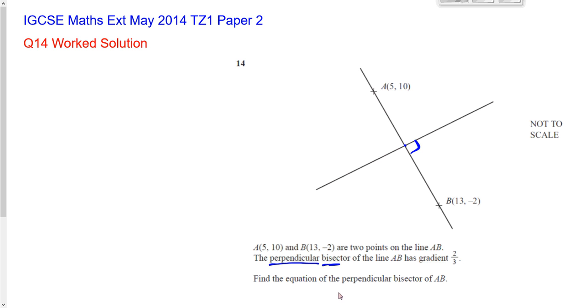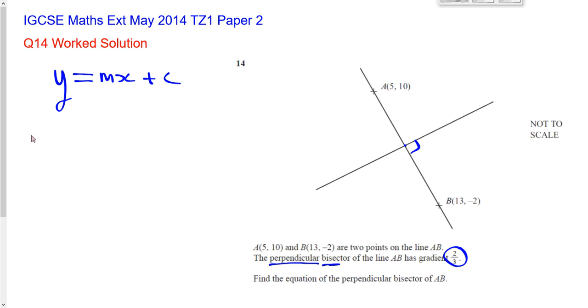Find the equation of the perpendicular bisector of AB. So we're looking for the equation of a straight line, something in the form of y is equal to mx plus c. We were told that the perpendicular bisector has a gradient of 2 over 3, so we already know our m component.